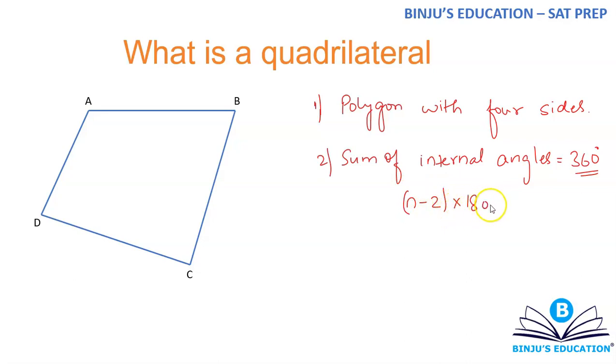So you're going to replace n by 4 because it has 4 sides and it has 4 vertices. So it will be (4 minus 2) into 180, which will come out to be 2 into 180, which is 360 degrees. Okay, so these are the two basic things. This is how we define a quadrilateral.